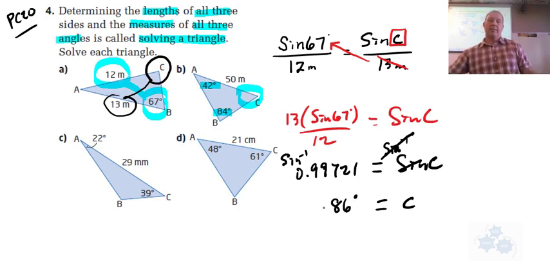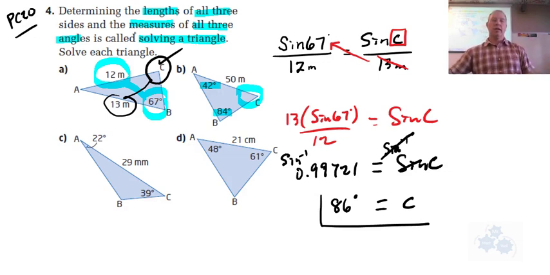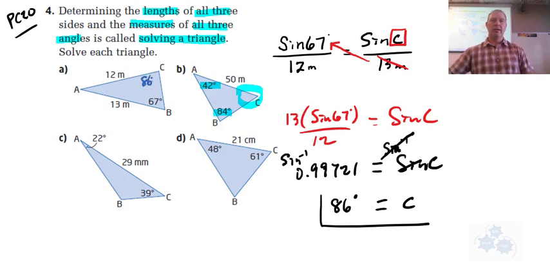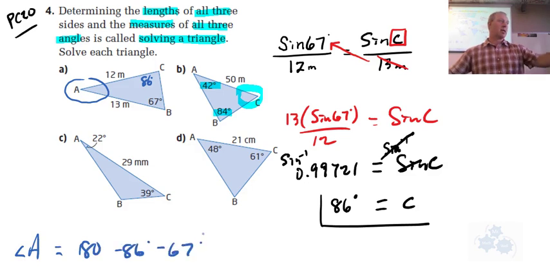So that's solving for one part. That's the C. We need to do 2 more things, and I will erase what I have here so far. I'll fill in 86 right here. Now I can solve for A really quickly, can I? Angle A equals 180 minus 86 minus 67. Is this making sense? Is this going good so far?